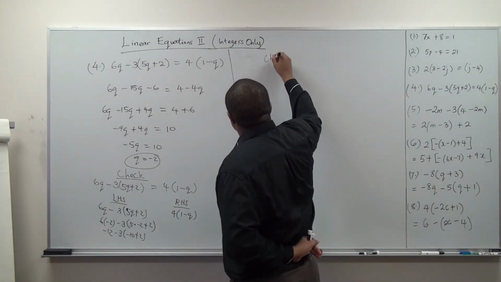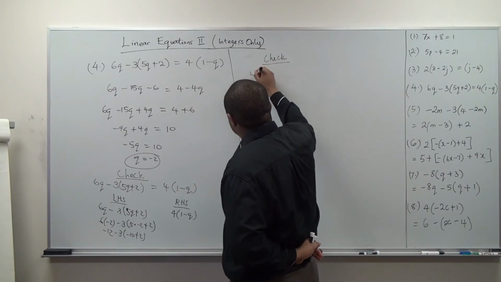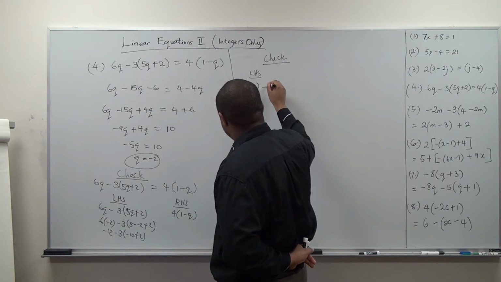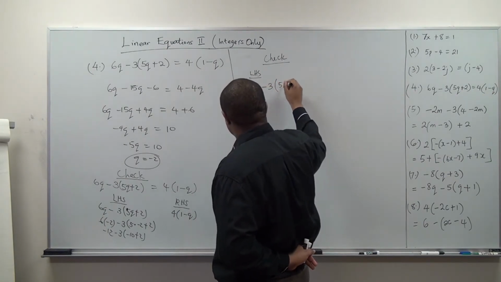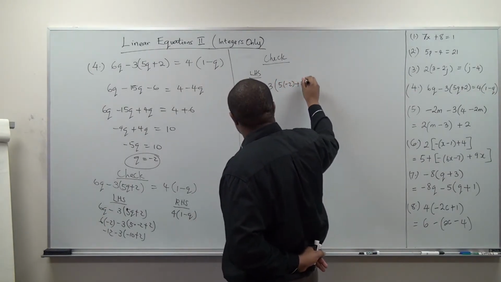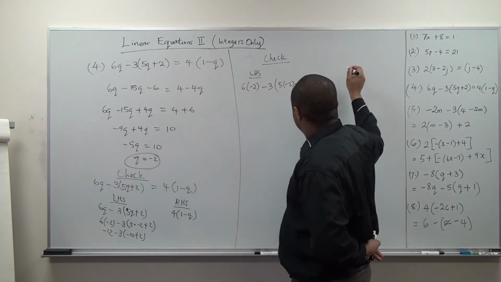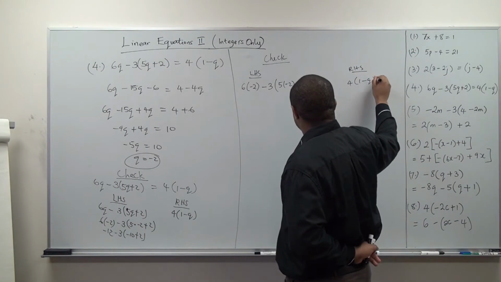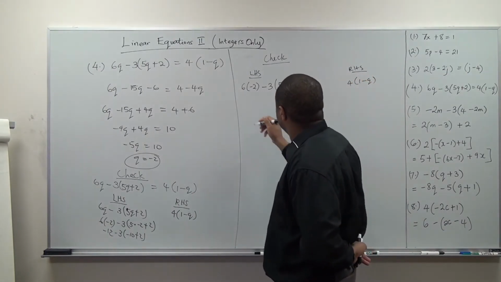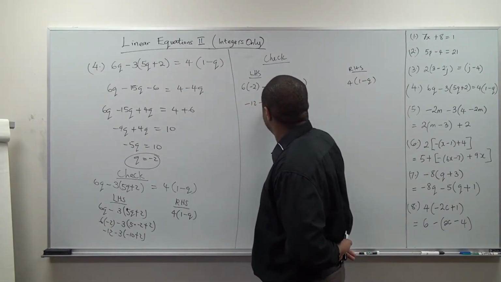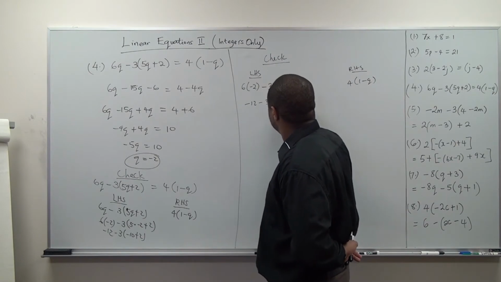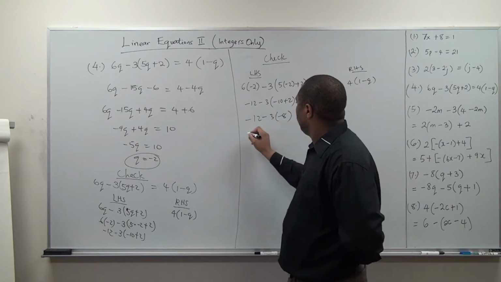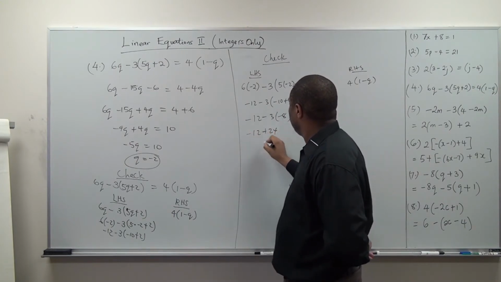Okay, I'm still continuing with my check. On the left hand side, I have 6 times negative 2 minus 3 times 5 times negative 2 plus 2. And on the right hand side, I have 4 into 1 minus q. Okay, let me finish with this one. This is negative 12 minus 3 into negative 10 plus 2, which is negative 12 minus 3 into negative 8, which is negative 12 plus 24, which is 12.